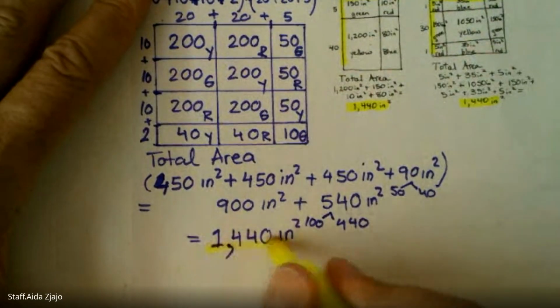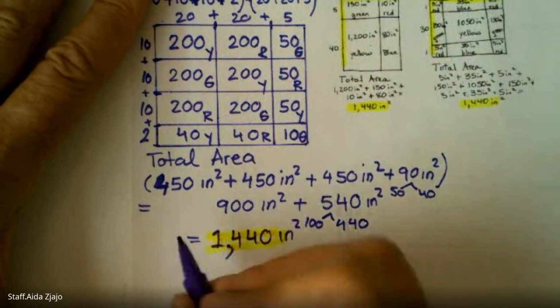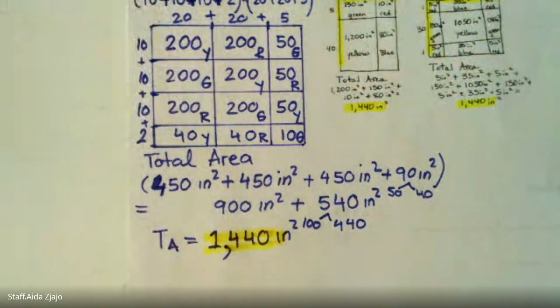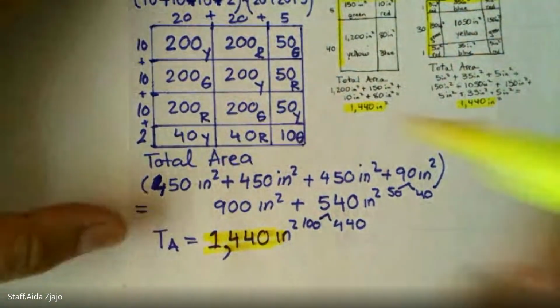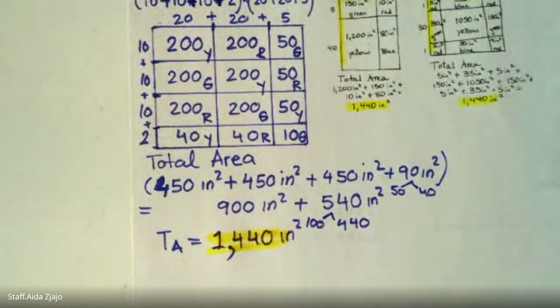So that is the area, total area. TA total area is 1,440. So design is good.